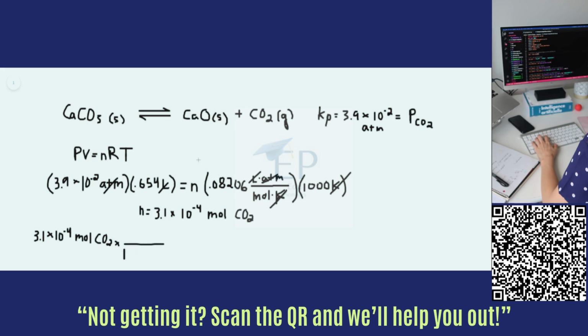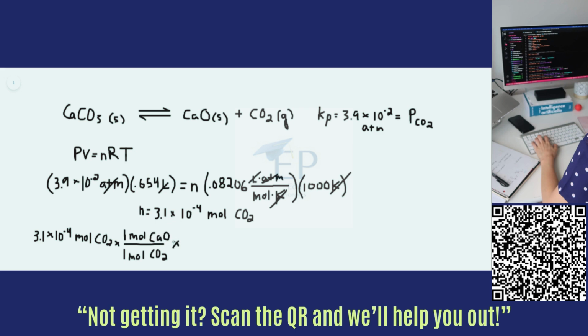From this, we can tell it's 1 to 1, so 1 mole CO2 is equal to 1 mole of CaO.